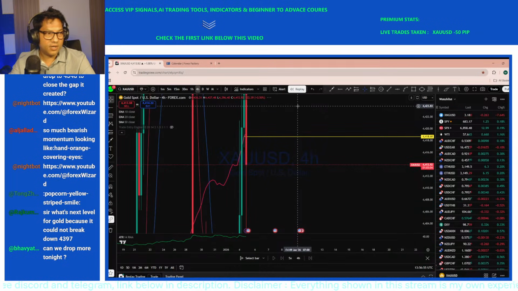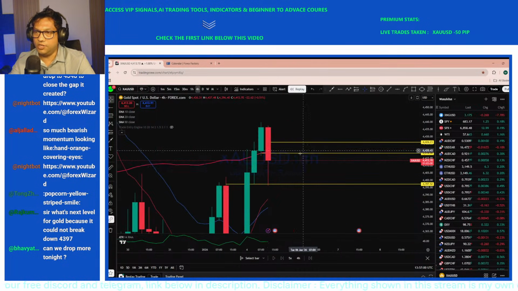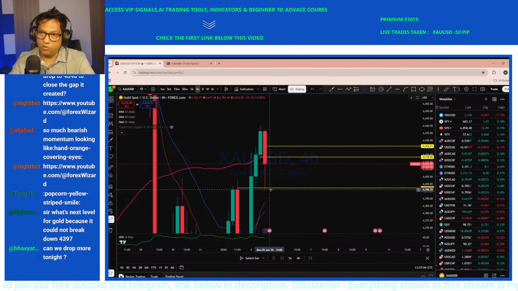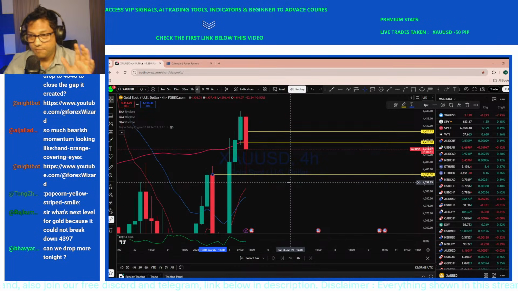So if you look at the 4 hour here, this is the intraday 4 hour support, and in that intraday support, if you look at the market has, this is the lowest point this session has made.